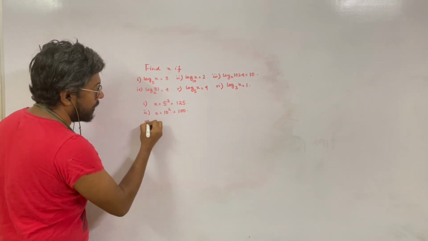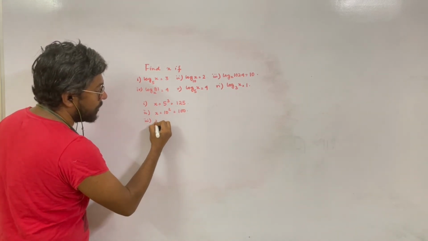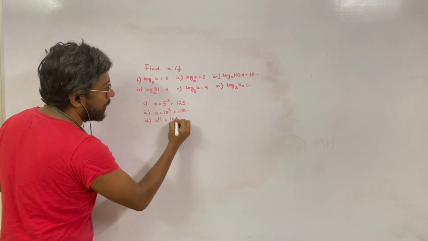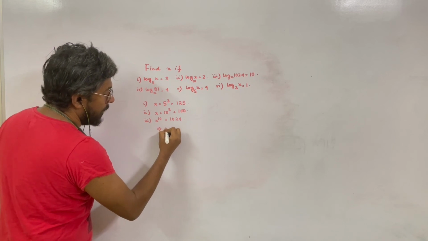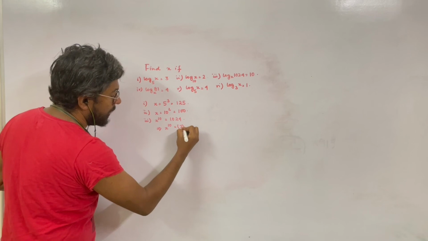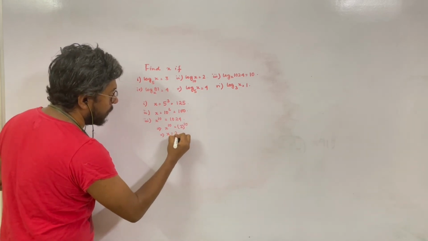In the third sum, since x is at the base, we will have x to the power 10 equals 1024, and we know 1024 is 2 to the power 10, so x would be 2.